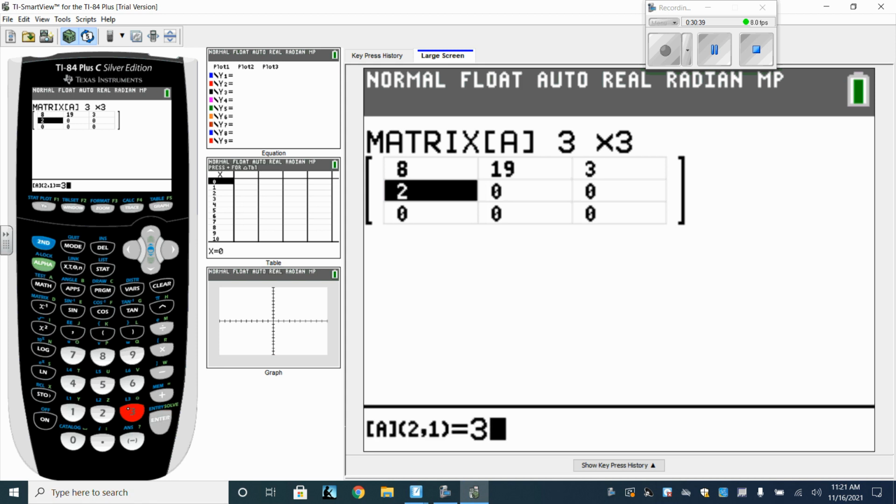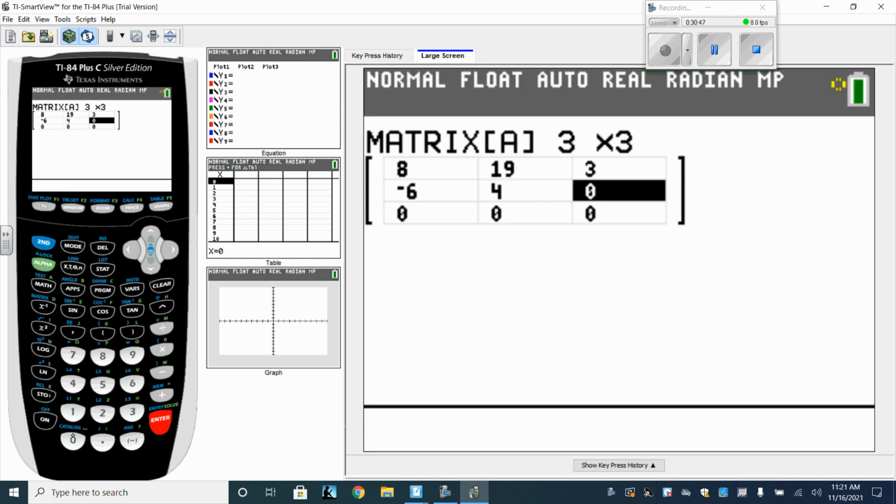And then we would have negative 6, 4, negative 2. Well, that shouldn't be 0. That should be 15. Then we should have 0, and then negative 1.